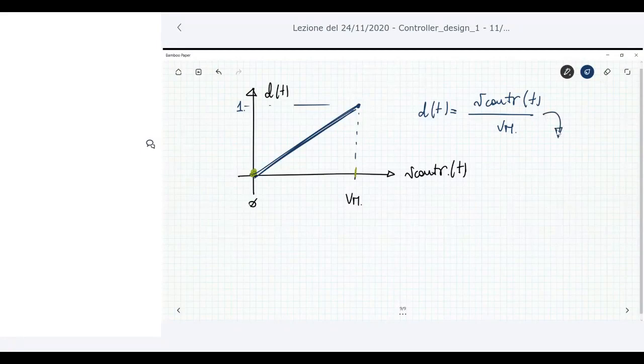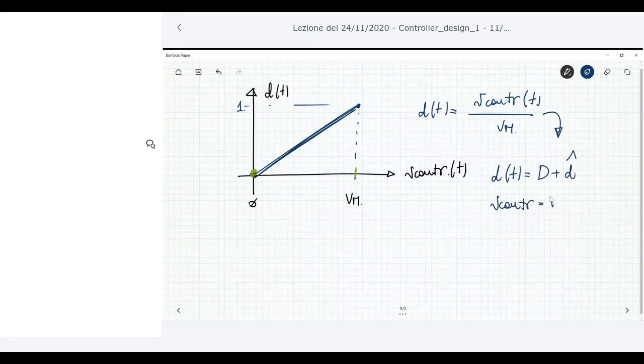Of course, this is not our transfer function. Remember that the transfer function is something that is described in terms of frequency, for example in the Laplace form. We can consider the duty cycle as a DC value, the steady state value that makes it possible to get the correct output voltage, plus some variation on it.